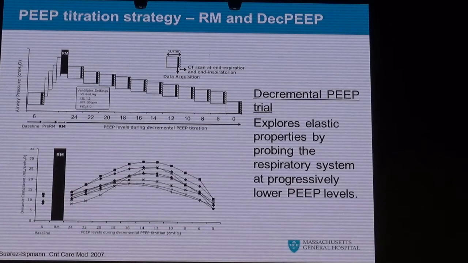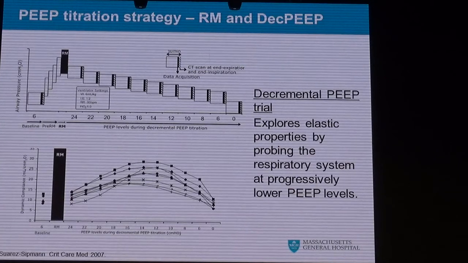Then we maintain that for a minute, to give the time to distend all the parts of the lungs, and then we perform a decremental PEEP trial.